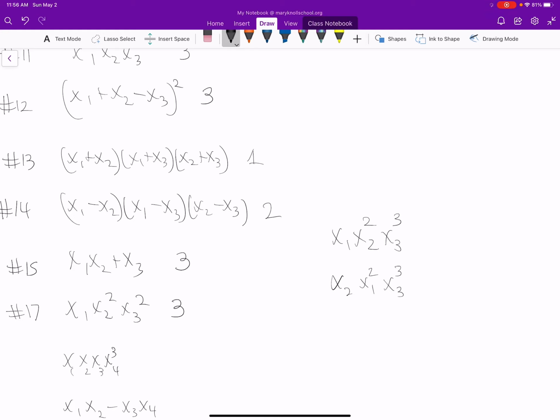Actually, I think I'm gonna do this just a little bit differently. Okay, this is what I'm gonna do. I'm gonna put the x1 there, then I'm gonna do 3, 2. Okay, so then I'm gonna put the x2 here, and then I'm gonna do 1, 3.